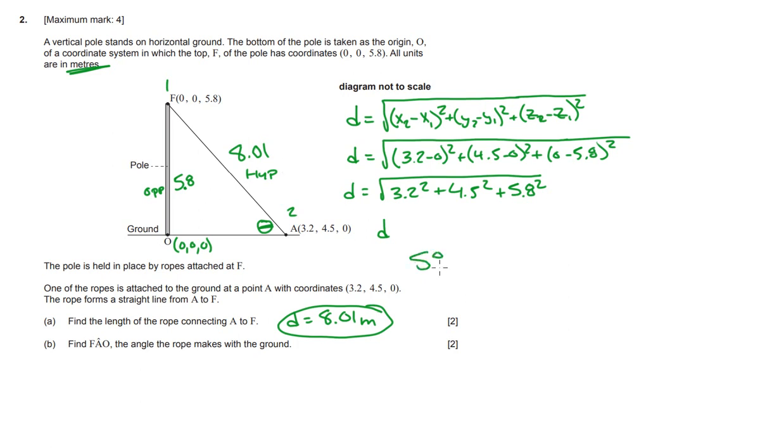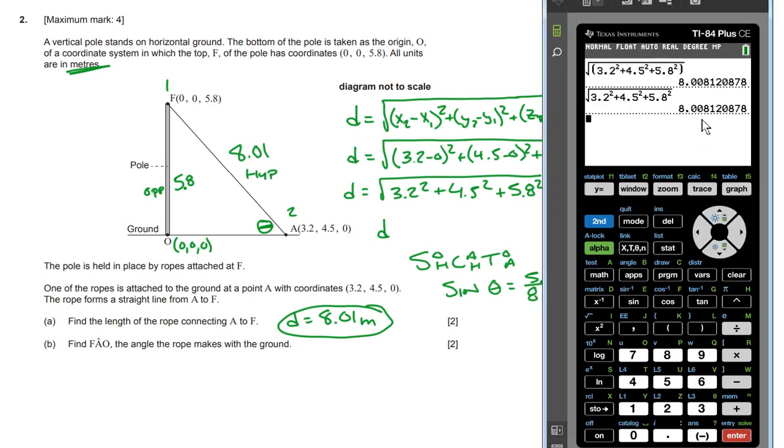So if we're looking for that angle, we're simply going to use opposite and hypotenuse. You'll have to remember SOHCAHTOA, because that is not on your formula sheet, right? Opposite and hypotenuse is sine. So we want sine of theta equals opposite, which is 5.8, over 8.01. We already have that 8.01 in there, so let's try this.